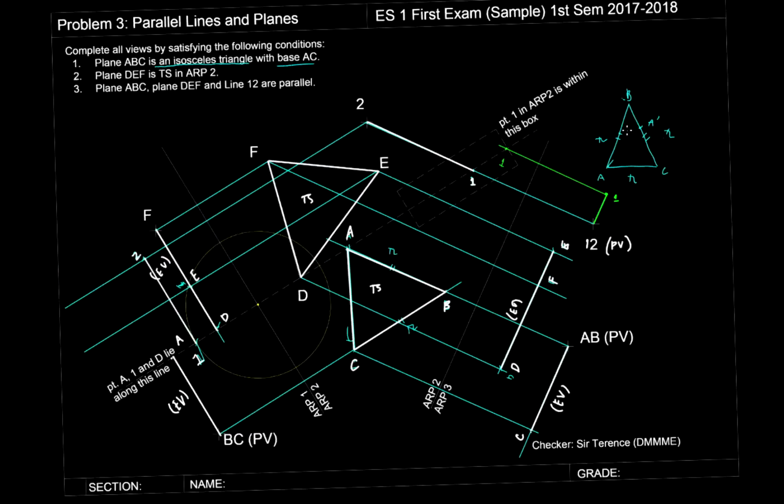Ito is still parallel to, okay? So, ito, this line 1, 2 na to, I'll just label this as 1 prime na lang siguro, no? Para hindi nakakalito. Itong 1 prime 2 na to satisfies the conditions pa rin na it is parallel to line 1, 2 by this one. And in fact, hindi nga kailangan na nandito yung point 1. Although nakasabi pala dito na point 1 should be along this line.